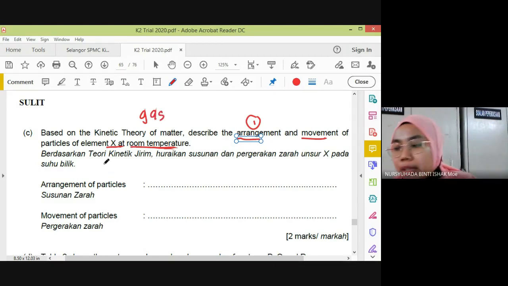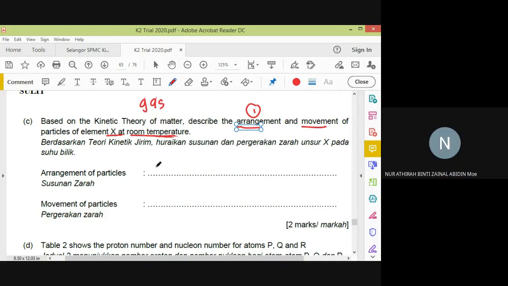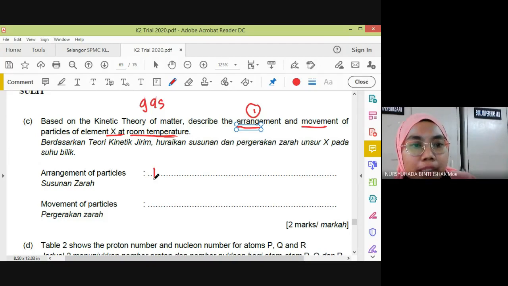So how about the arrangement of particles? Macam mana arrangement of particles for X at room temperature? Particles are far apart. Okay, betul. Particles far between each other.